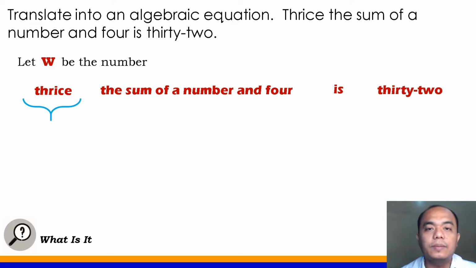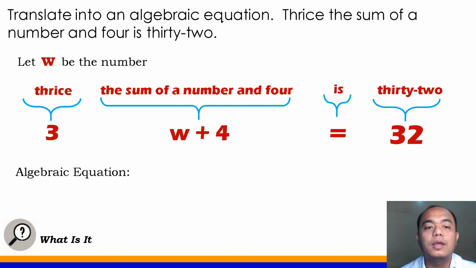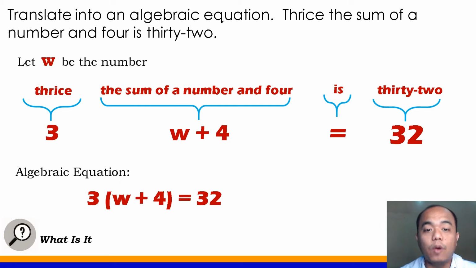So, ang ibig sabihin ng thrice is 3 times, right? Okay, 3. And then the sum of a number and 4 represents W plus 4, then the equal sign and 32. And the algebraic equation is 3 times W plus 4 equals 32.